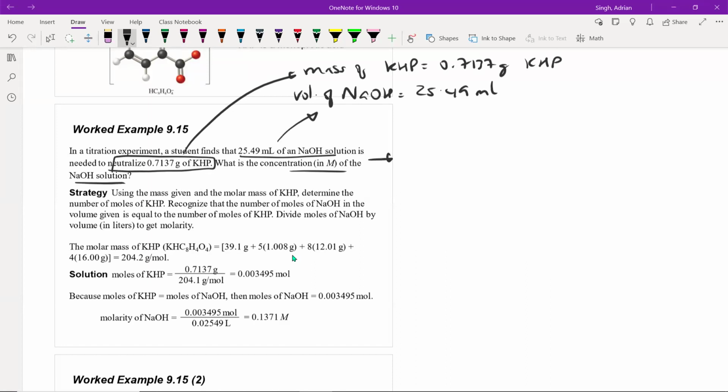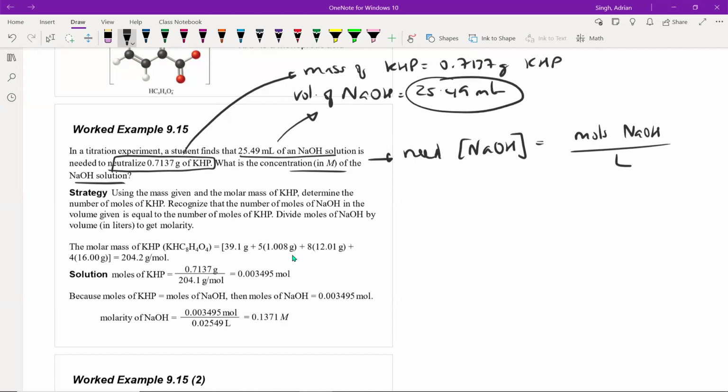So what we need, right, is the concentration of NaOH, which again is moles of NaOH per liter of the solution, right? Well, out of these two, what are we given? Well, we're given the volume of the NaOH solution. We need to convert that to liters. But what we need here is the moles of sodium hydroxide.